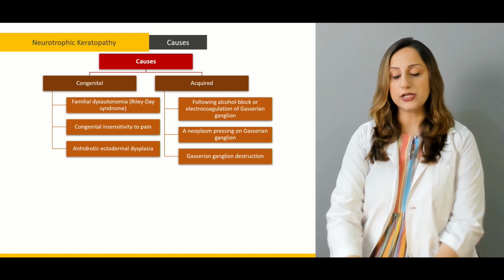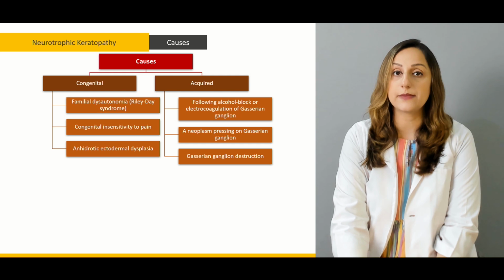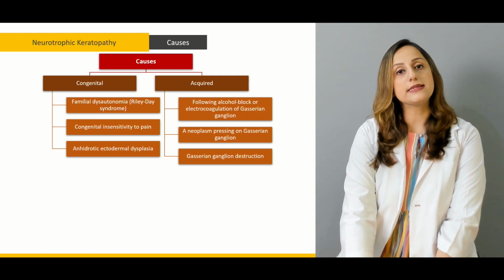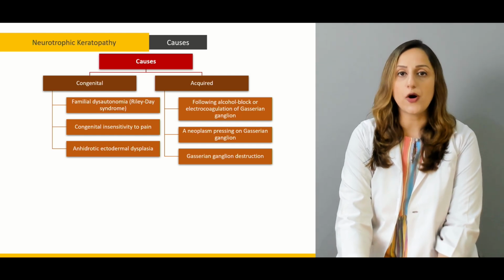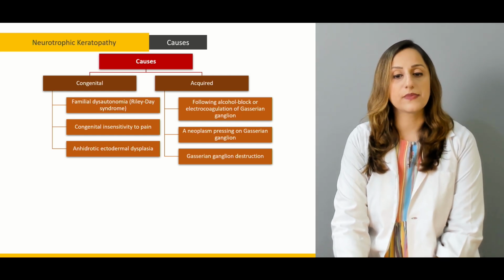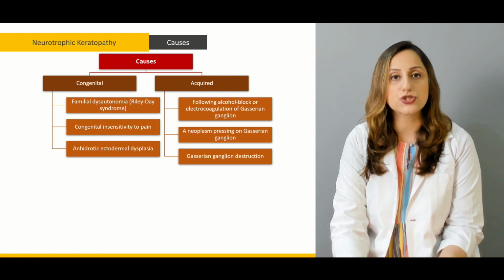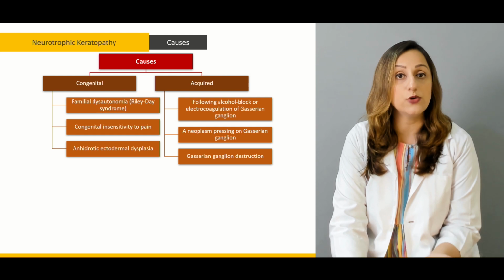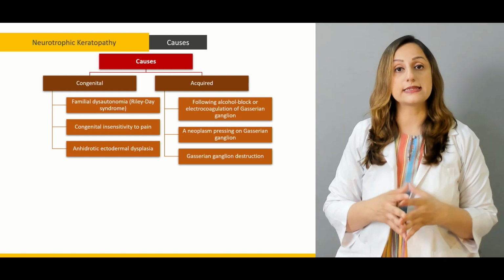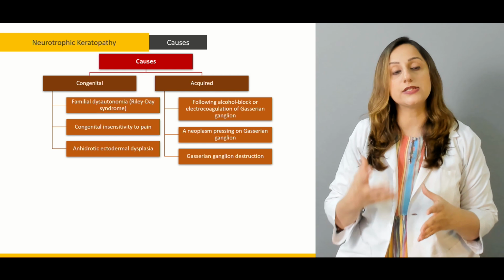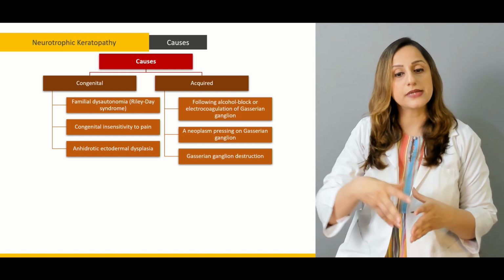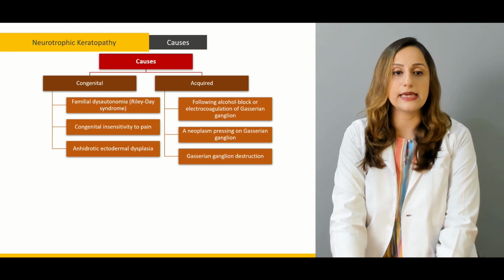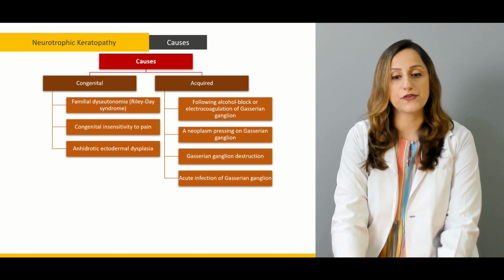Gasserian ganglion destruction can be part and parcel of any traumatic condition, as well as of a lot of surgical procedures. For instance, typical facial surgical procedures sometimes traumatize this Gasserian ganglion, resulting in neurotrophic keratopathy.